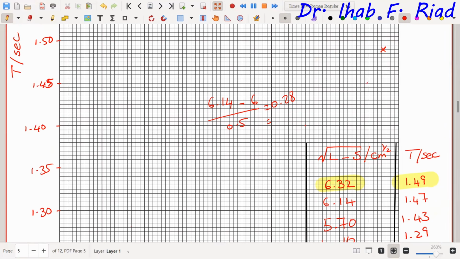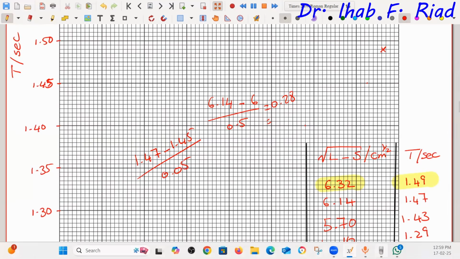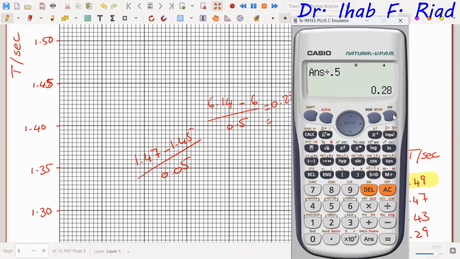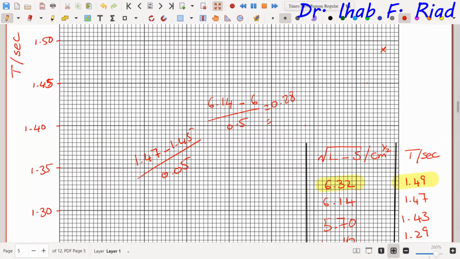What about 1.47? 1.47 minus 1.45, and I divide by 0.05. That is 0.4, meaning 4 small squares up.